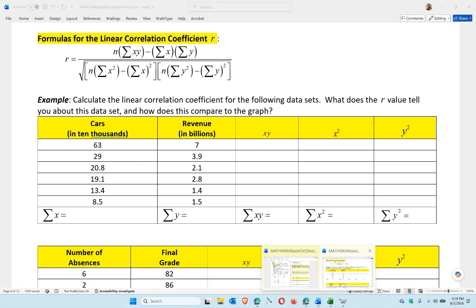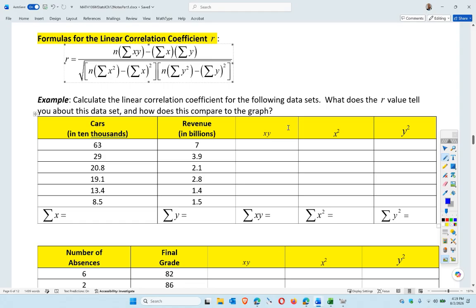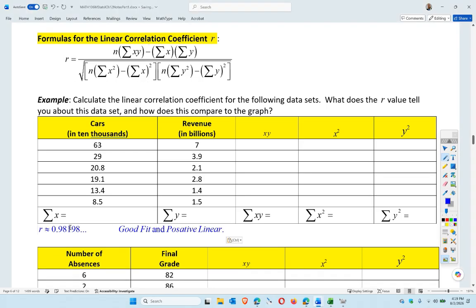Okay. So if I go back to my notes here, it says, what does the r tell you about the data set and how does this compare to the graph? Well, in the first case, this is a good fit in positive linear, basically.